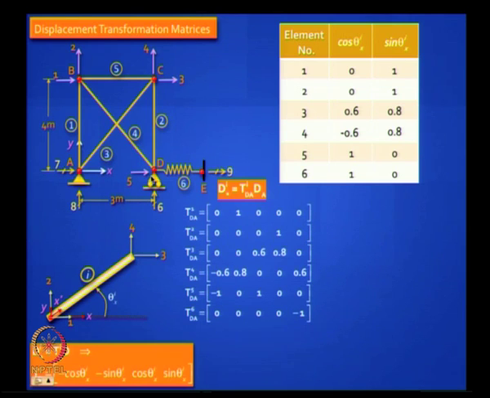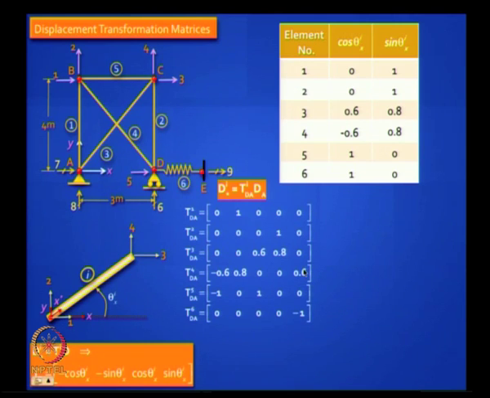The 4th element starts here and goes there. So, 5 is active, and here you will put 5 and 6. So, 5 will be minus cos theta and 6 will be minus sin theta. So, minus cos theta is this, you get minus of minus is plus 0.6, got it?